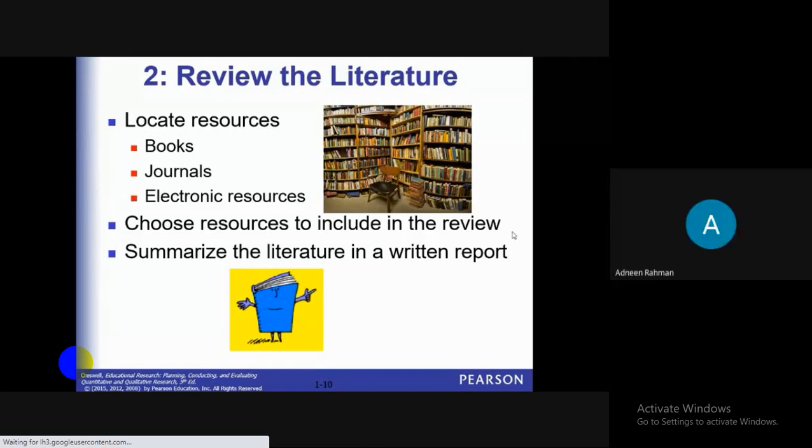So when I establish the problem, it should be accepted as a problem in general by other scholarly people. Right. Got the idea?